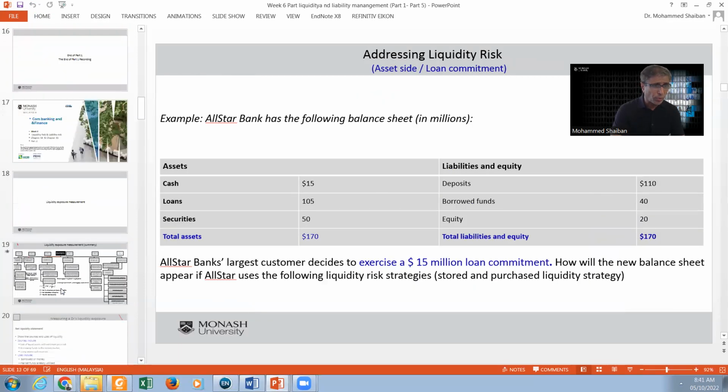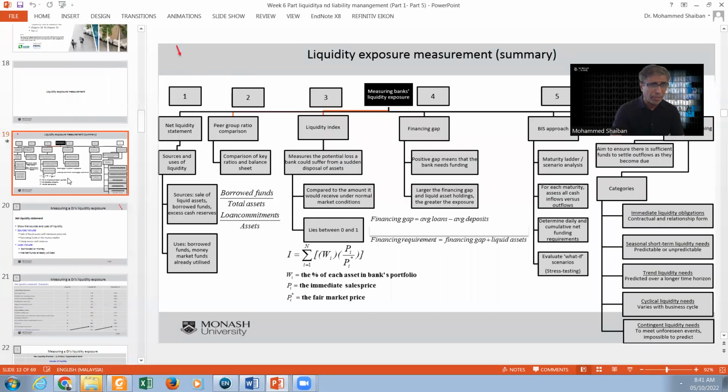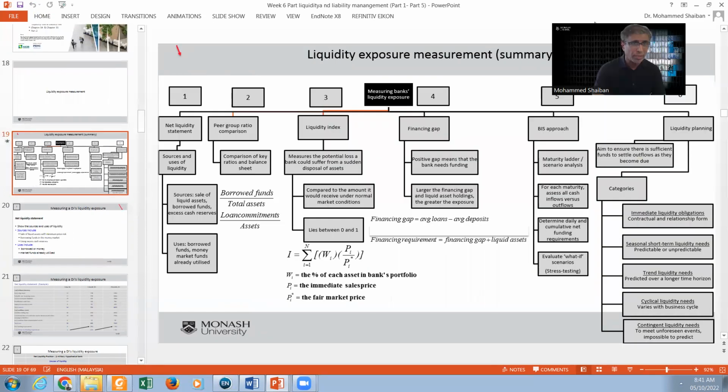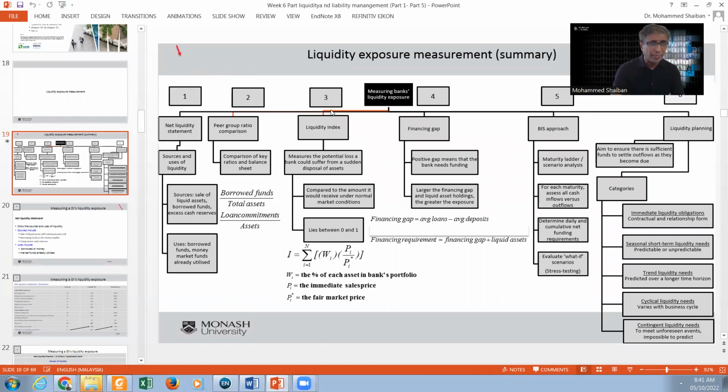Now, we also talked about the measurements, and the measurements are very important, whether we are talking about the theoretical ones like the liquidity planning, or the ones that have some calculations. The ones with calculations are the liquidity index and the financing gap, and we have some problems about all of this.